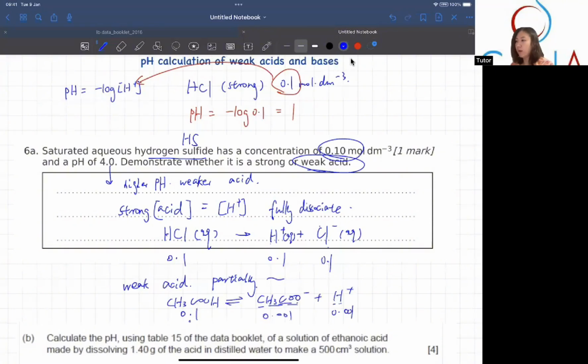So this is why whenever you calculate the pH of a weak acid, essentially you're still figuring out the pH using the concentration of H+, which in this case is this very small number. So whenever the question tells you the concentration of the acid is 0.1, you cannot directly substitute this into the formula anymore because they are not equal to each other.